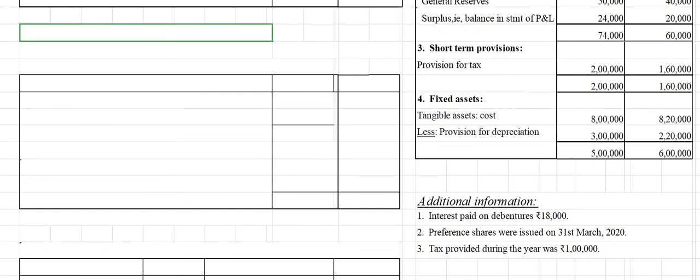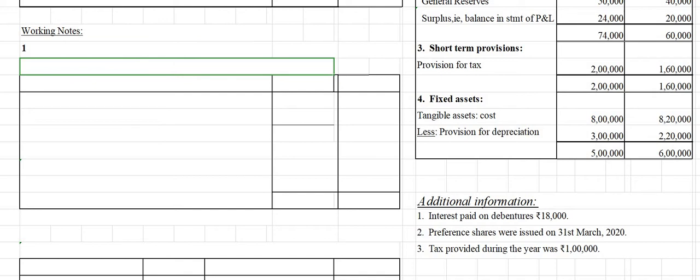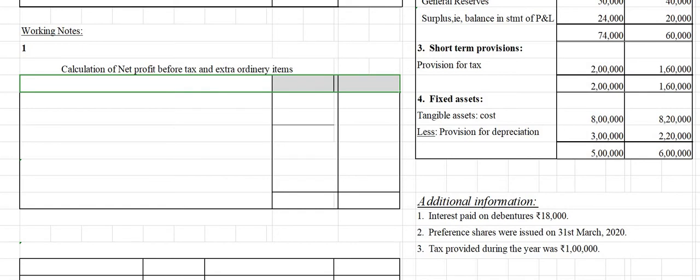So let us write that here, working notes. In that working note 1, calculation of net profit before tax and extraordinary items. So here we have to write the particulars and amounts.